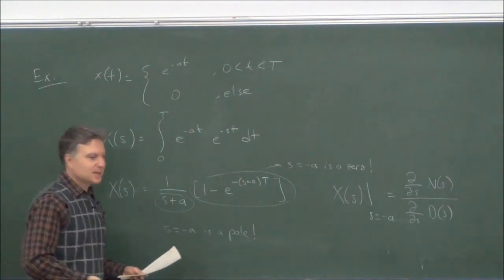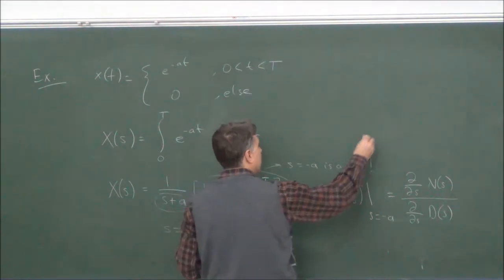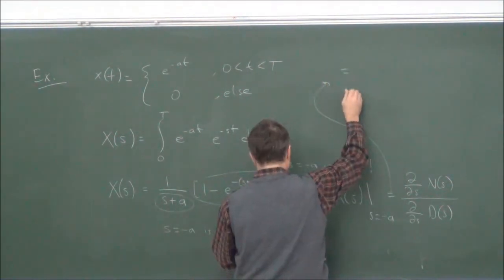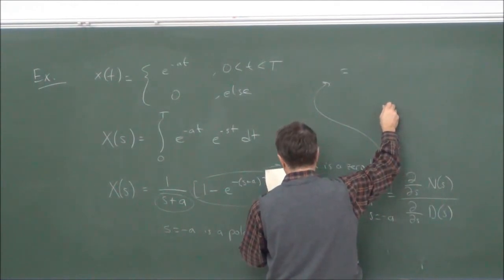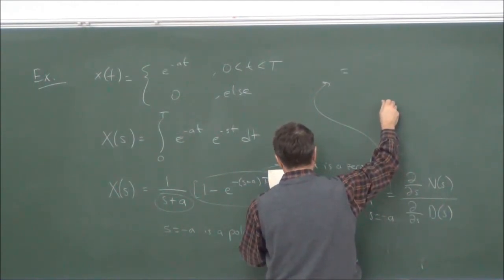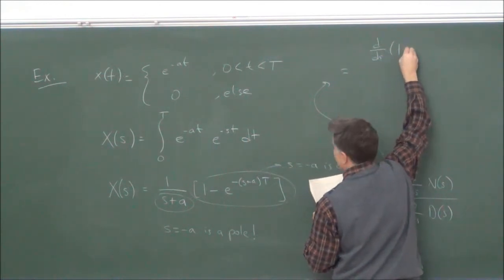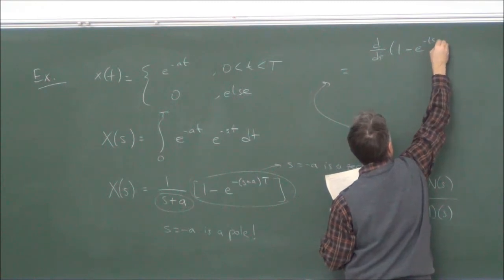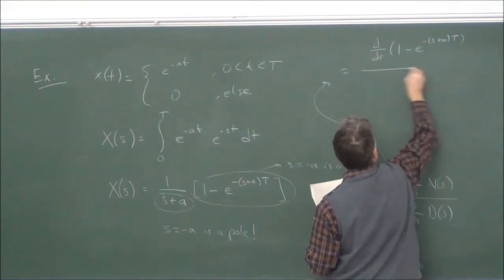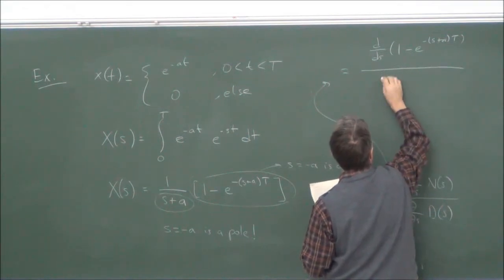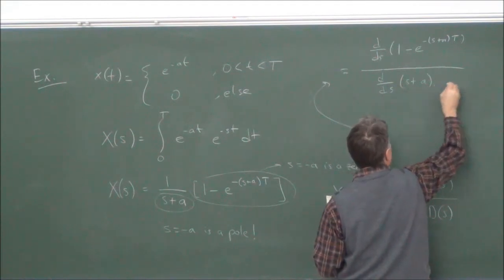Are they completely cancelled? That's the thing that we're looking for. And here that is equal to d by ds of 1 minus e to the minus s plus a t divided by d by ds of s plus a.